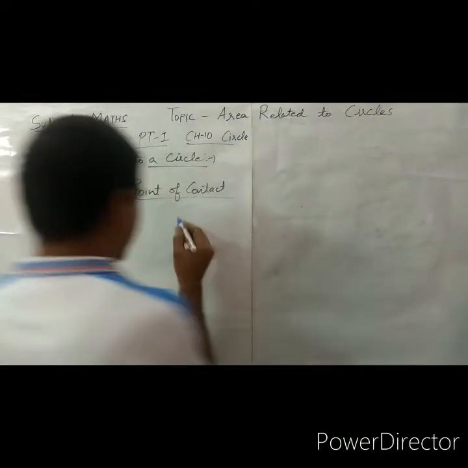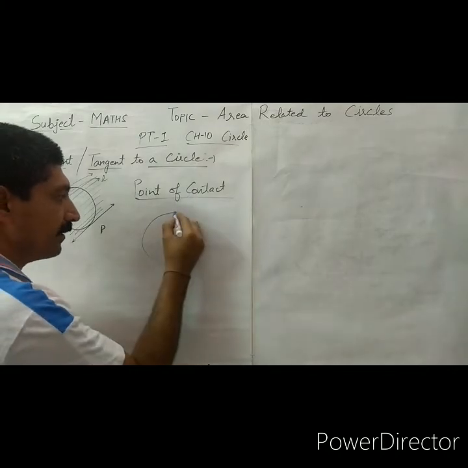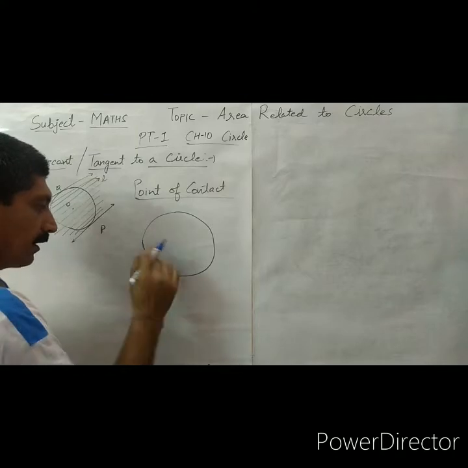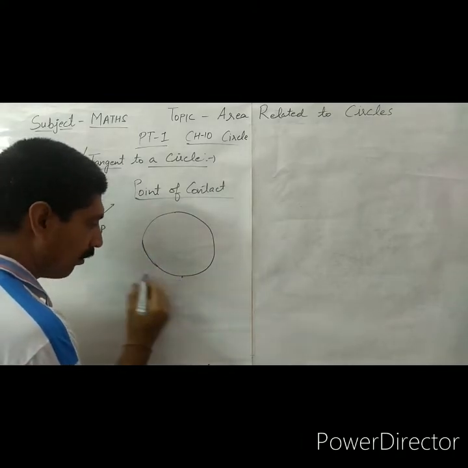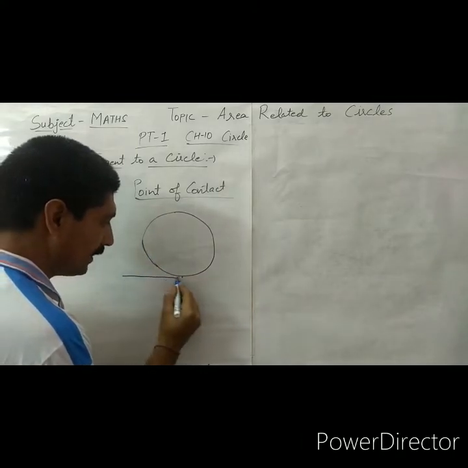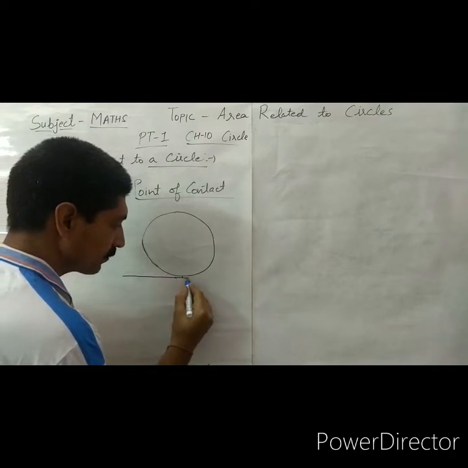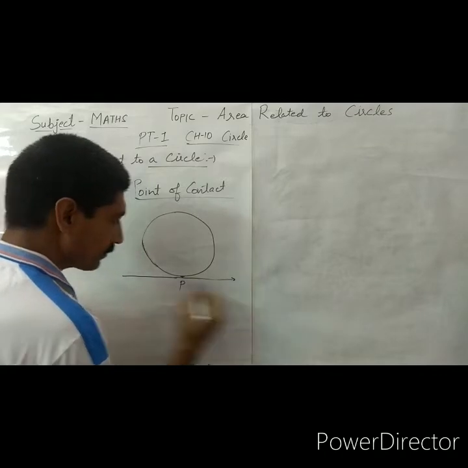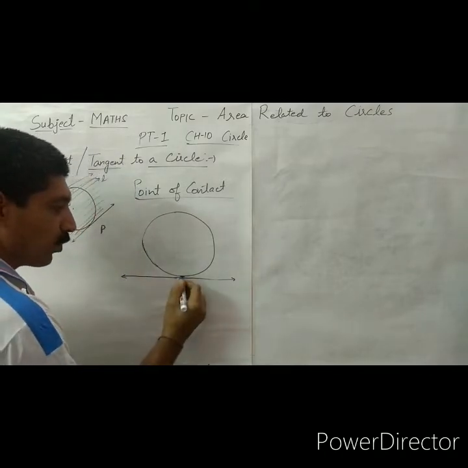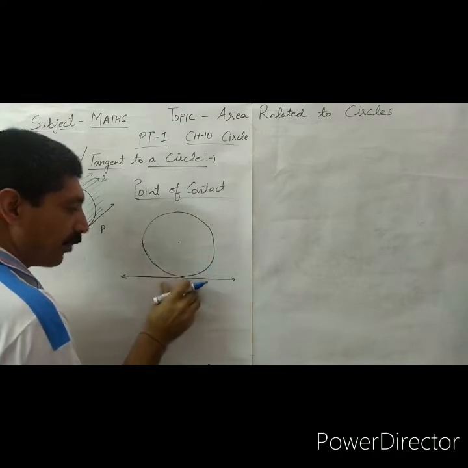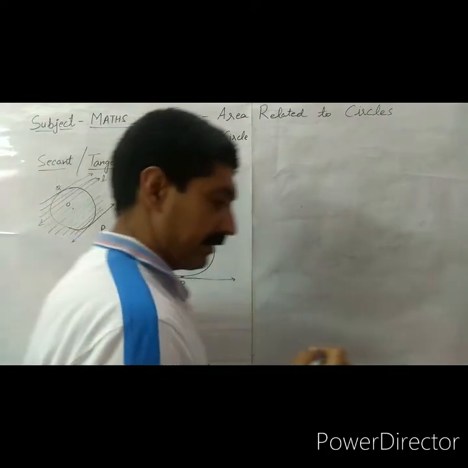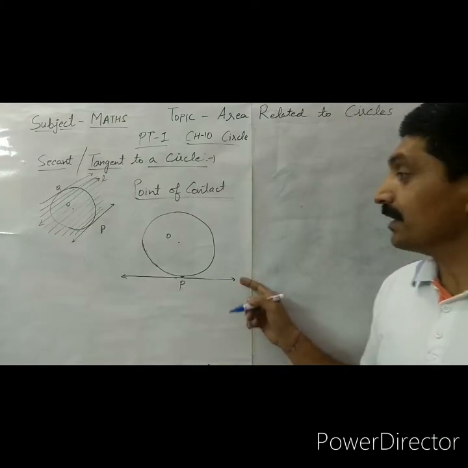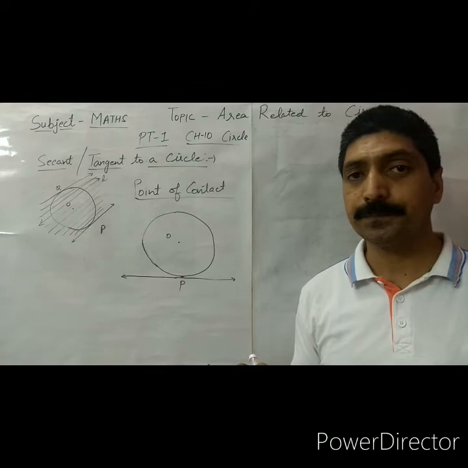For example, if we take one circle here and draw a line which just touches the circle at a point P, this point P is called the point of contact, and this line is the tangent to a circle.